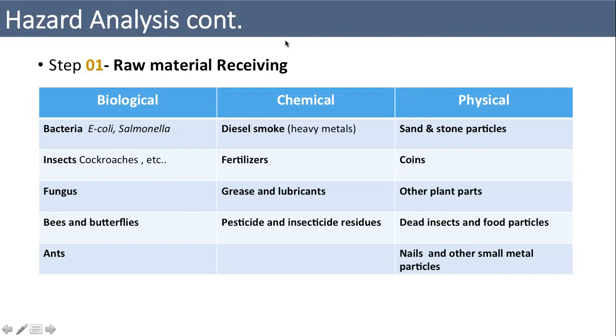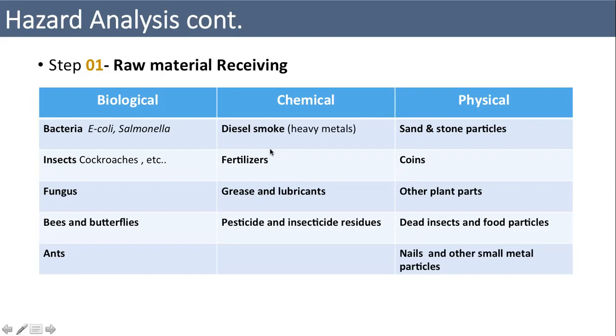In my exercise, I have identified these things as biological hazards. And chemical hazards, some diesel smoke is there because we are transporting raw tea leaves from the estate to the factory. So diesel smoke is there. They have some toxic heavy materials, and normally they transport fertilizer and tea using the same vehicle.